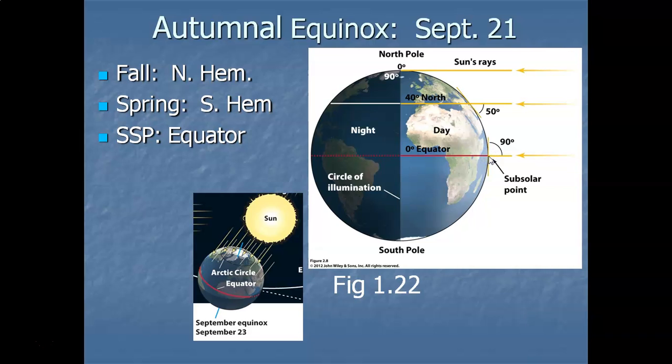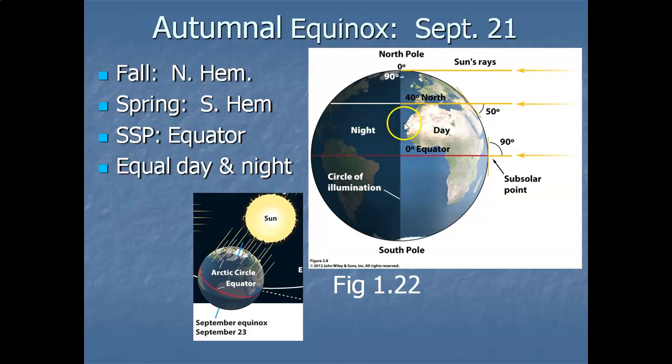Now the subsolar point has moved back to its midpoint between the poles. Here we're showing the sun's rays, the subsolar point, directly overhead at the equator. And again, the situation is going to be equinox. All places on Earth on this equinox are experiencing 12 hours of day and 12 hours of night.